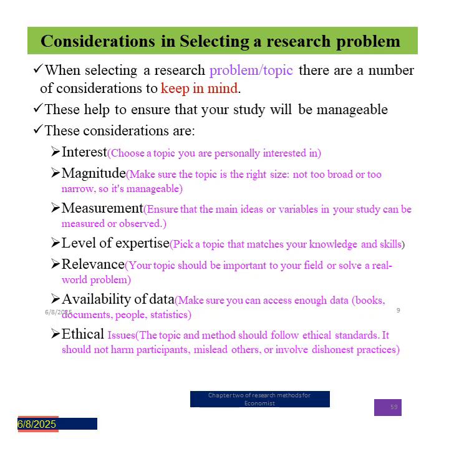The other consideration in selecting a research problem is level of expertise, your skill, whether you have skill in that area or research area or not. You have to identify it.